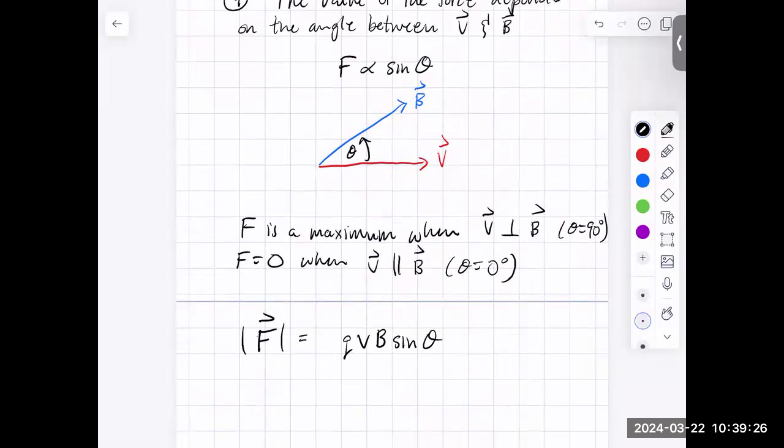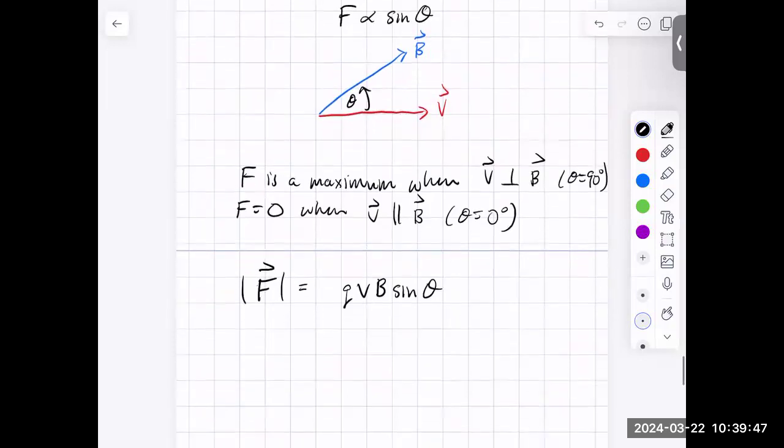Now, in principle, there could be a constant of proportionality, like a mu naught or something like that. But it turns out that for this case, the constant of proportionality is just 1. So this is exactly the magnitude of the force acting on a charge moving through a magnetic field: QVB sine theta.